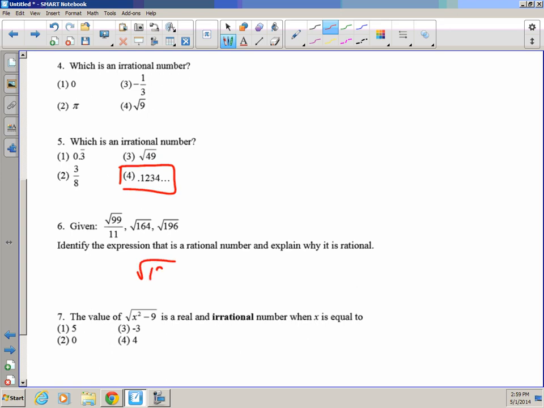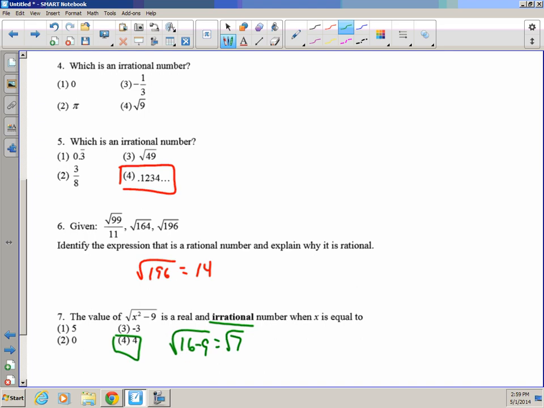Which of these 3 is rational? The square root of 196, because that equals 14. And the value of the square root of x squared minus 9 is a real and irrational number when x is equal to 4, because that means it's the square root of 7. Okay?